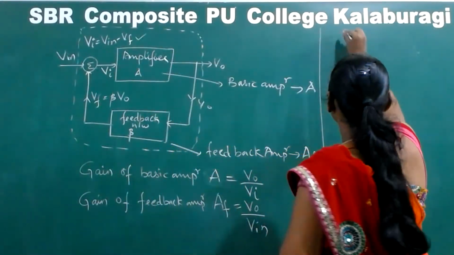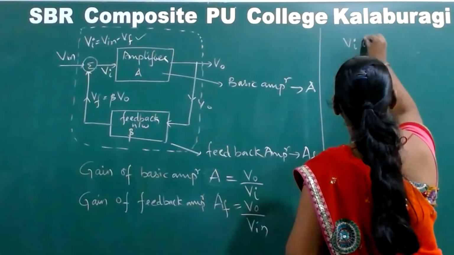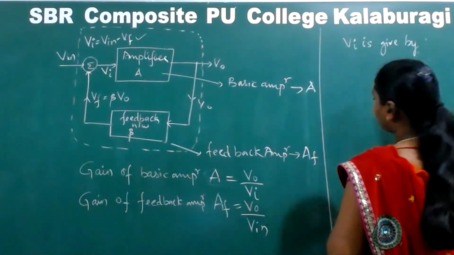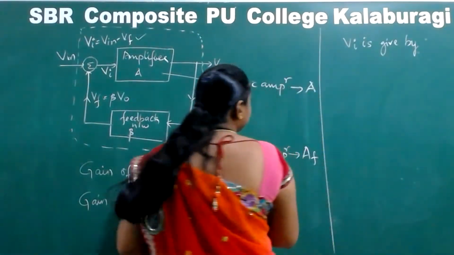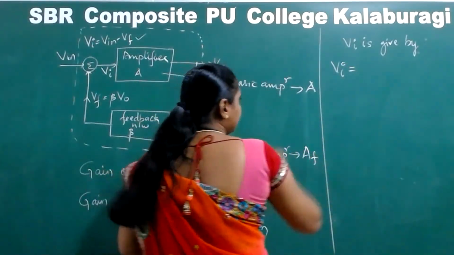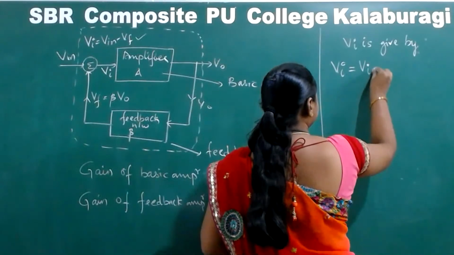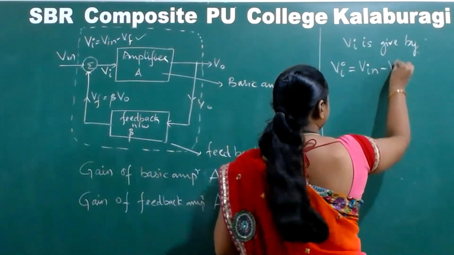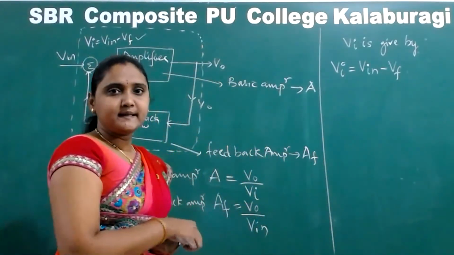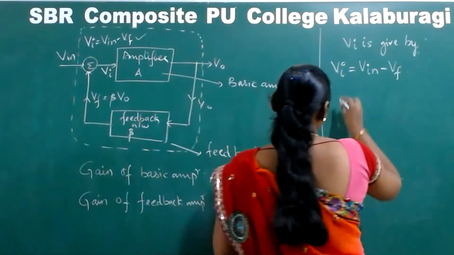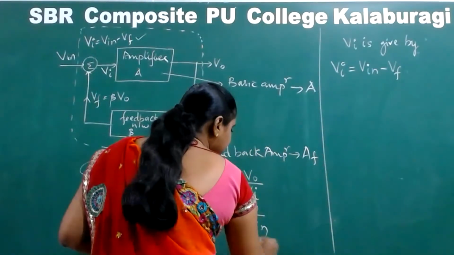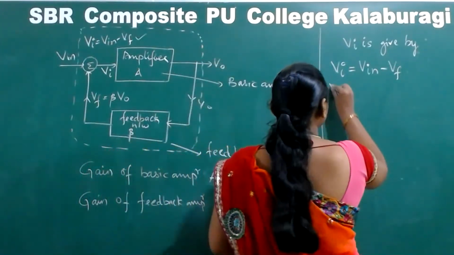Okay, Vi is given by Vi is equal to Vin minus Vf. Then we can rearrange it to get what? The expression for Vin. So how can Vin be written?